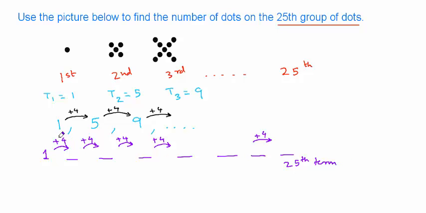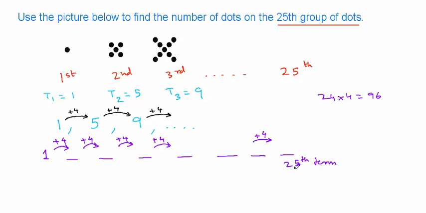Now the question is, how many times have we added this 4? If you think carefully, if you take out the first term, we have added 24 4s. And 24 times 4 is 96. So in effect, from the first term all the way to the 25th term, we have added 96. And the first term is given as 1.